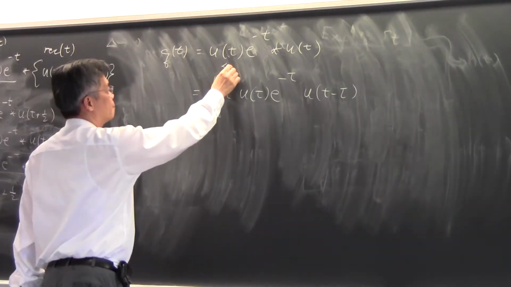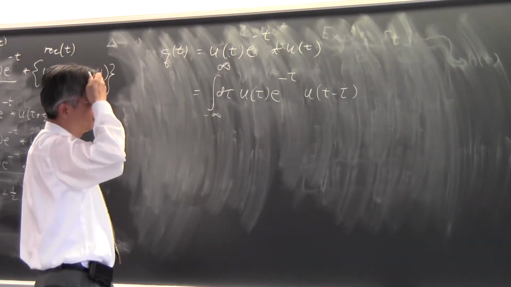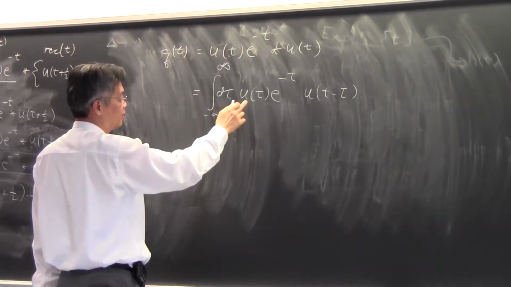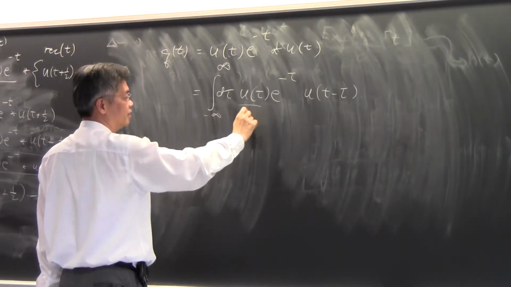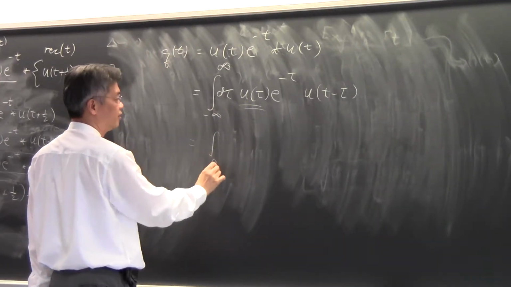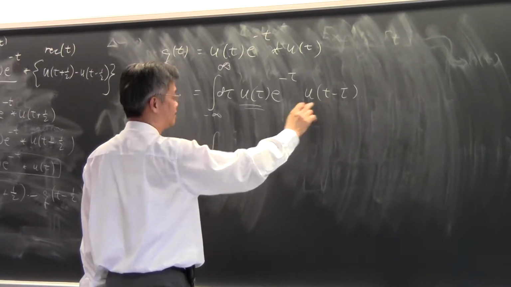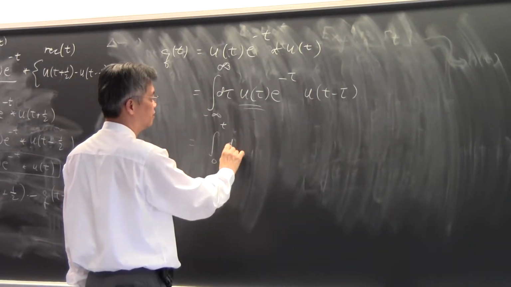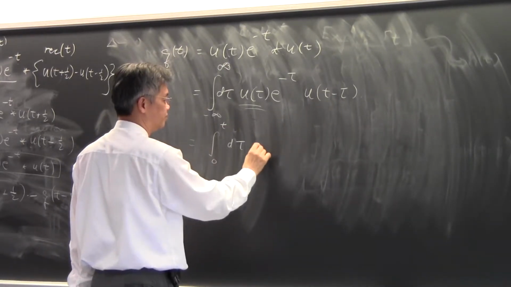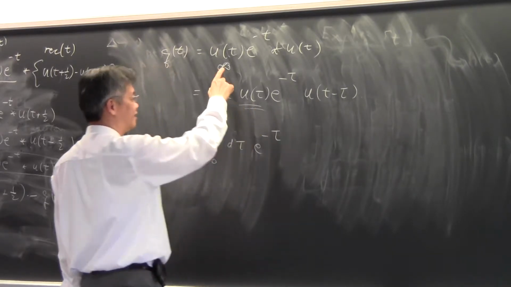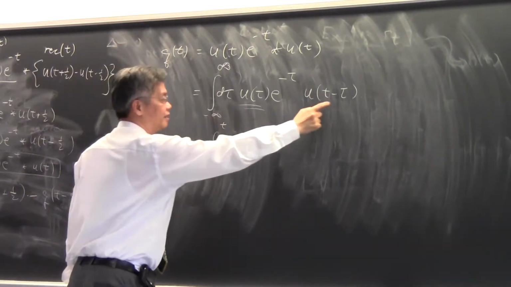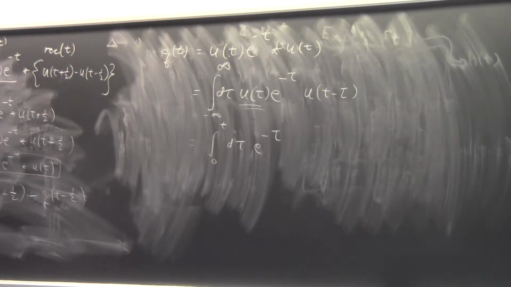Then I know that when tau is less than 0, this forces the integrand to go to 0. When tau is larger than t, this forces things to go to 0. So I can set the limit of integration to be that and then drop the unit step functions. I only have that integral to do.